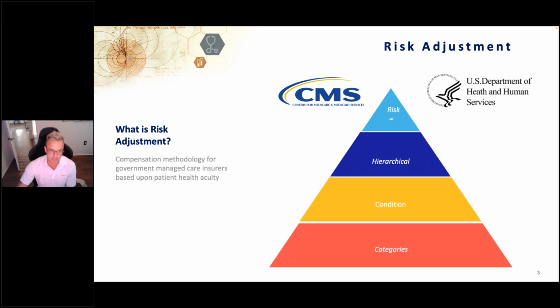So risk adjustment achieves this goal by allowing providers to communicate the risk that is calculated based upon the conditions of the patients that a provider manages to CMS, which CMS will use to help estimate the cost of care for those populations.